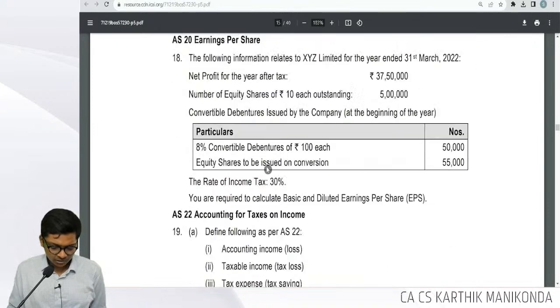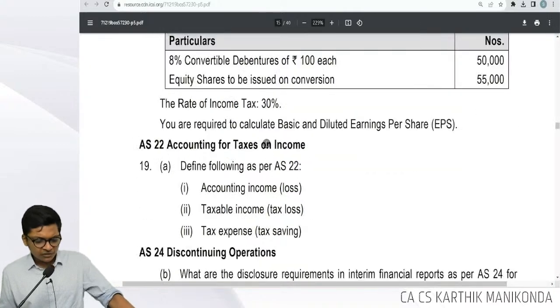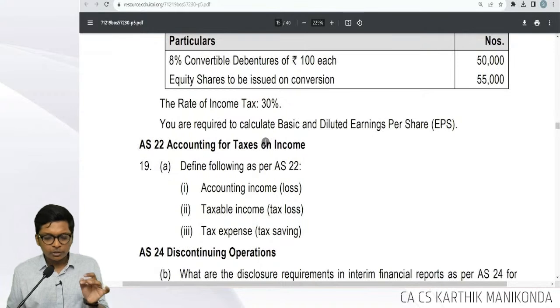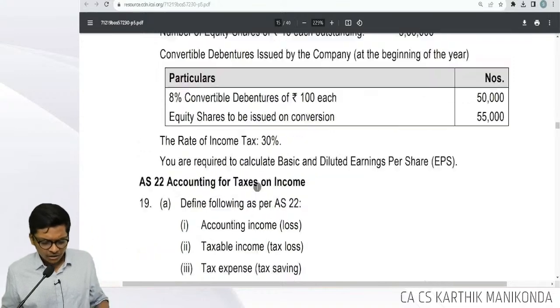Here they have asked, you just define the following: accounting income loss, we know. Taxable income, tax loss is basically set off carry forward. Tax expense is a tax saving, because expense allowed in tax is a tax saving, nothing much.